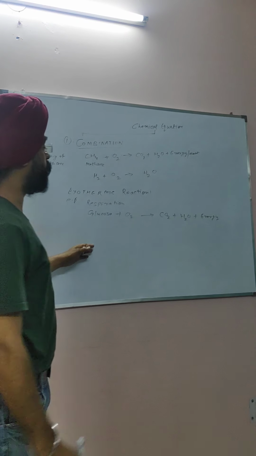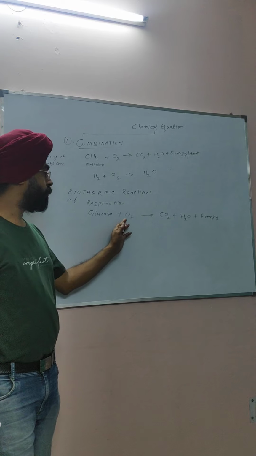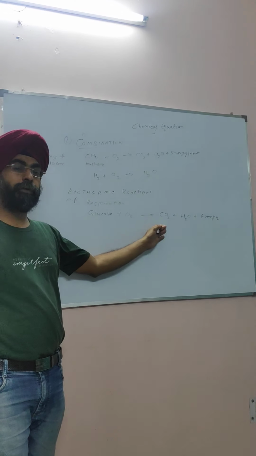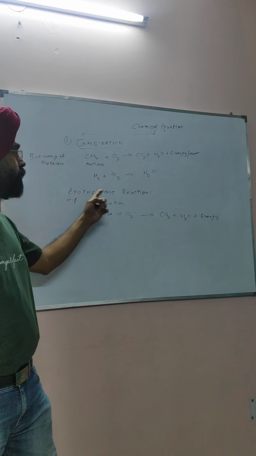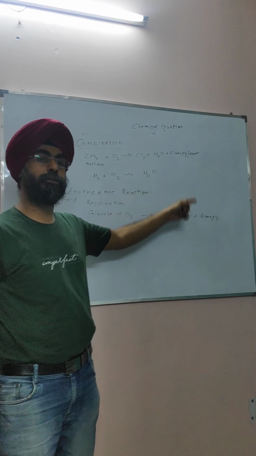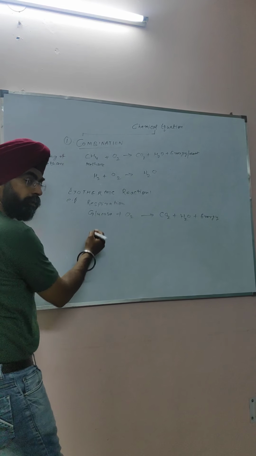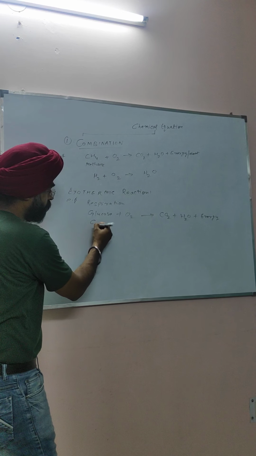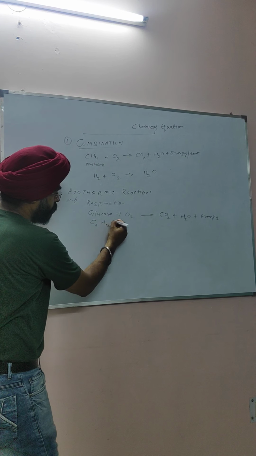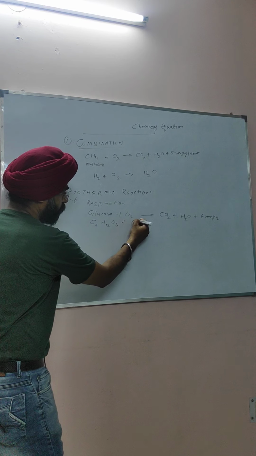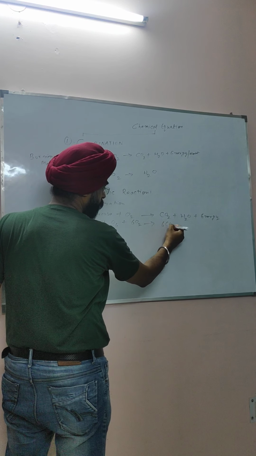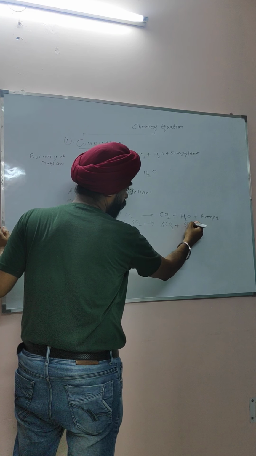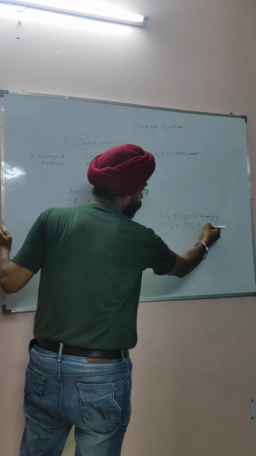Glucose reacts with oxygen to form carbon dioxide gas and water, and energy is also released. It is a type of exothermic reaction. We can write it in symbolic form: C6H12O6 reacts with 6 molecules of oxygen, 6 molecules of CO2 are produced, and 6 molecules of water are produced, along with energy.